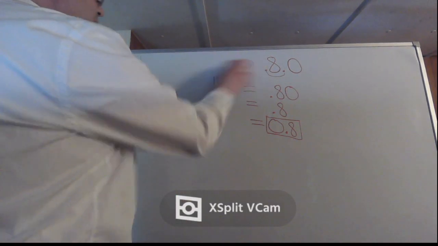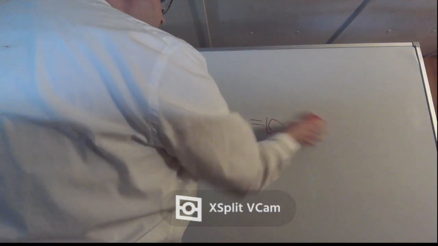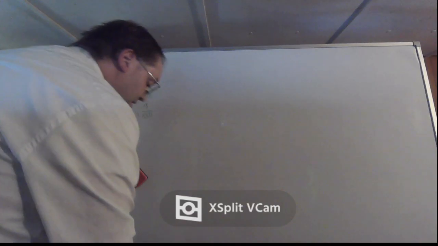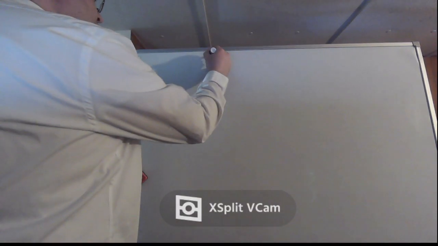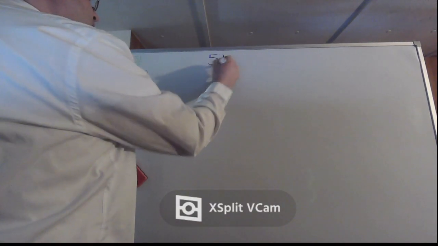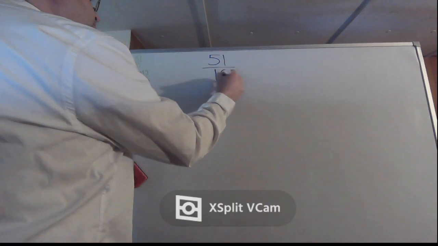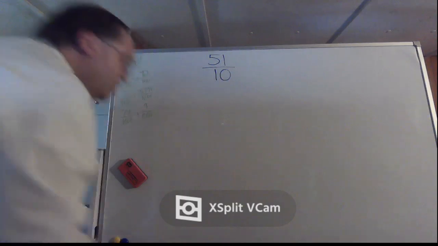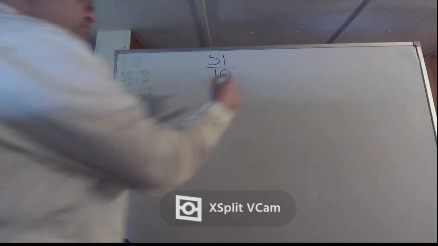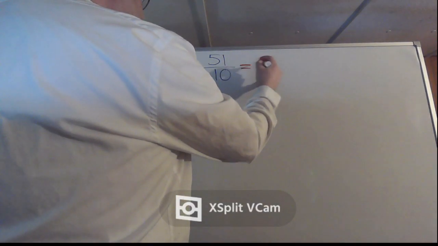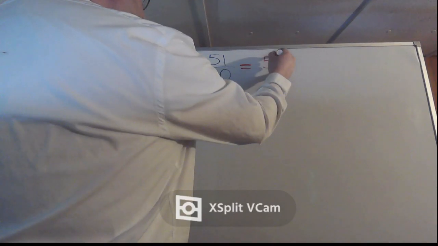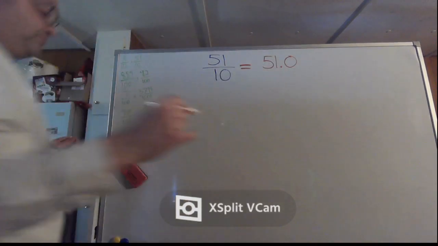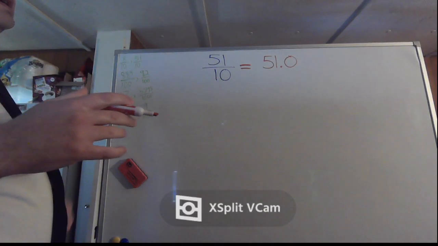But I got more examples. Okay. Let's say you have 51/10. So, you got 51/10 as your fraction. What you got to do, go ahead, write out 51.0, because again, every whole number has a 0.0.